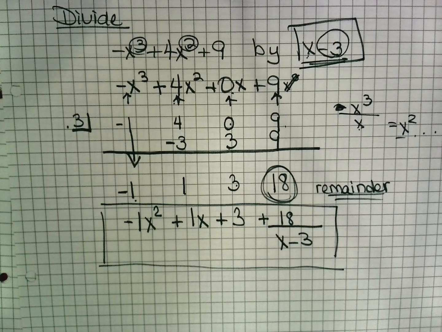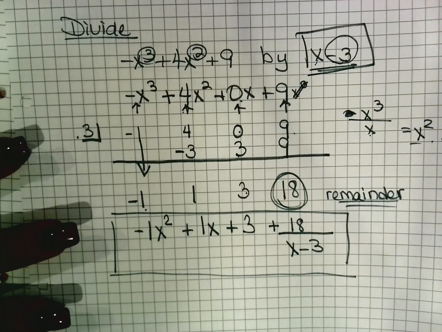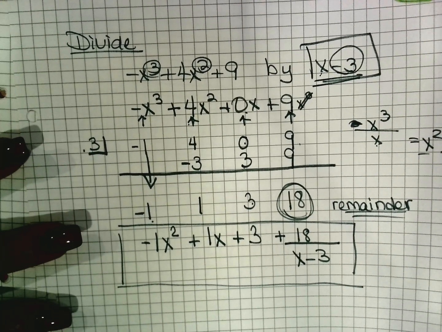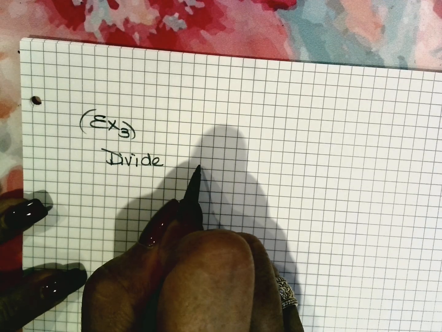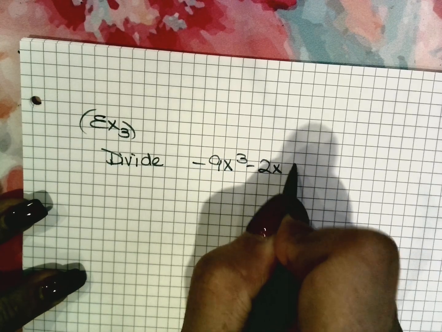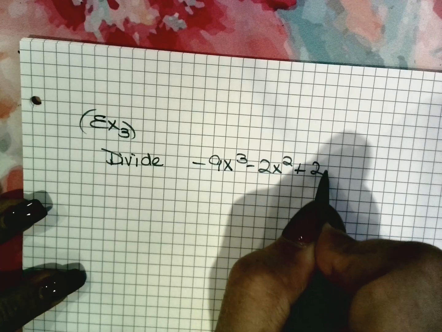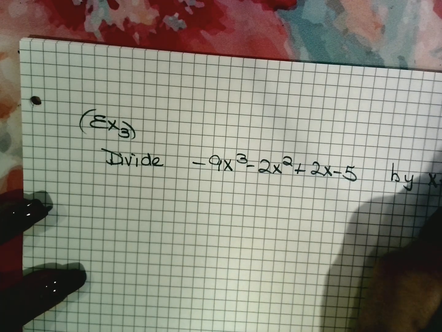Let's go ahead and do another one where you get to do synthetic division. This one's example 3 from your book. We have divide negative 9x to the third minus 2x squared plus 2x minus 5 by x plus 1.